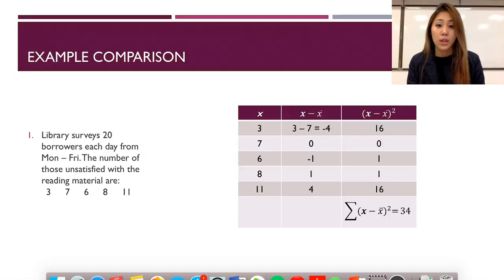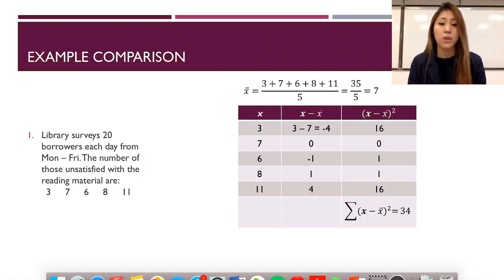We can do a quick calculation. In column 1, we put in Monday through Friday, so 3, 7, 6, 8, and 11. Figure out the mean, which is adding all the terms up and, because there are 5 terms, dividing by n, the total number of terms.